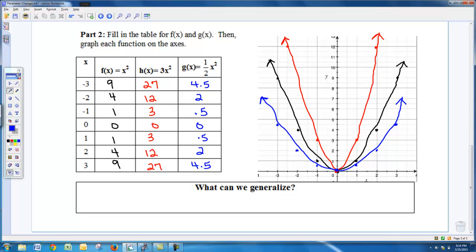So what can we generalize about changing the value of A?